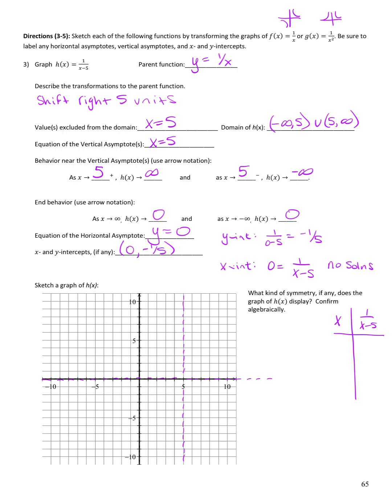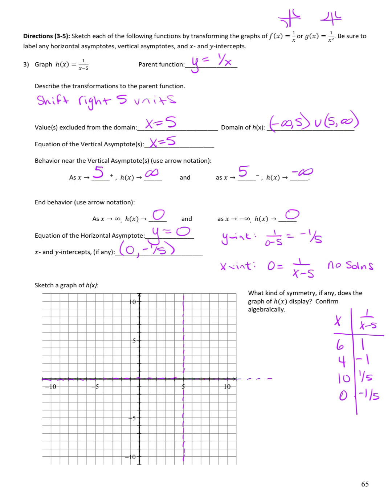I think I'll just plot maybe 6 and 4 and 10 and 0. Okay, I already know 0 because it's the y-intercept, negative 1/5. If I plug in a 10, 1 over 10 minus 5 is positive 1/5. If I plug in a 4, I get -1, and if I plug in a 6, I get 1.